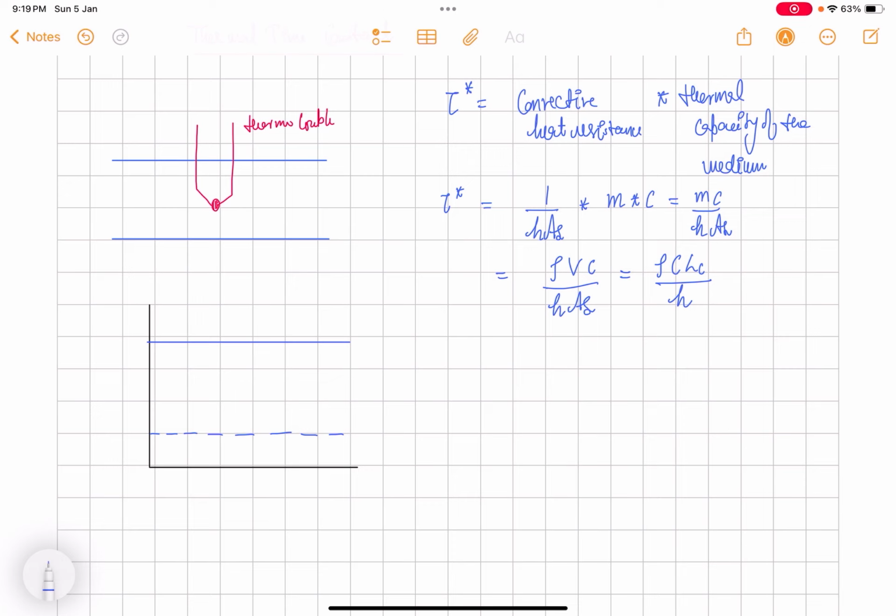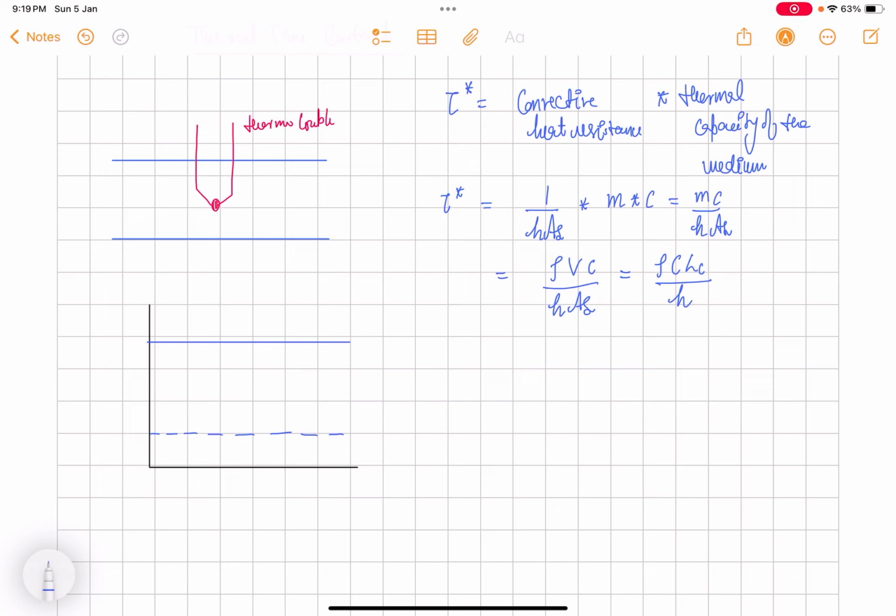So we can have a faster thermal response if the body has very low specific heat, which means low ability of the medium to store thermal energy, and low density, which means the material is lighter, and it is placed in a medium with very high heat transfer coefficient.